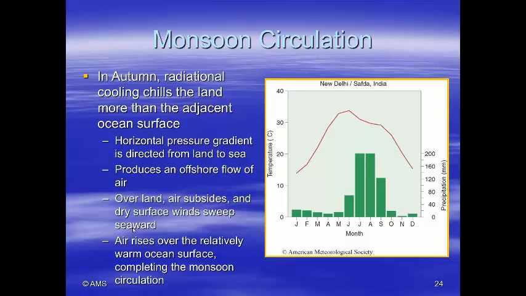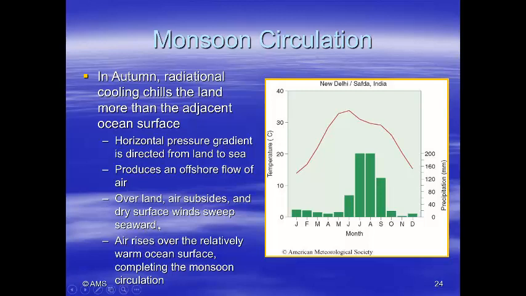This produces an offshore flow of air. And over the land, air subsides and dry surface winds sweep seaward. Air rises over the relatively warm ocean surface, completing the monsoon circulation.